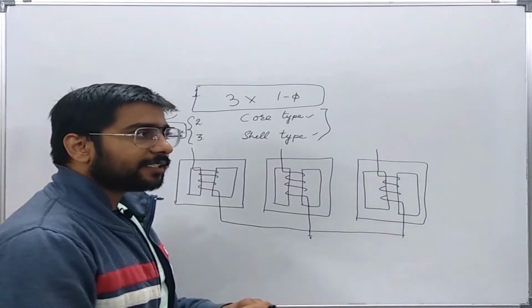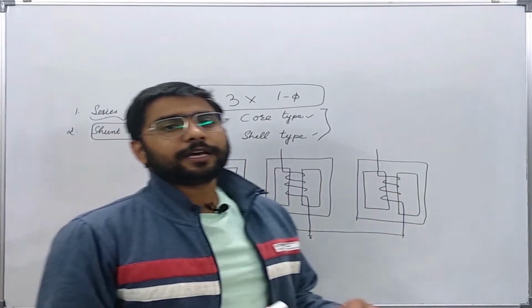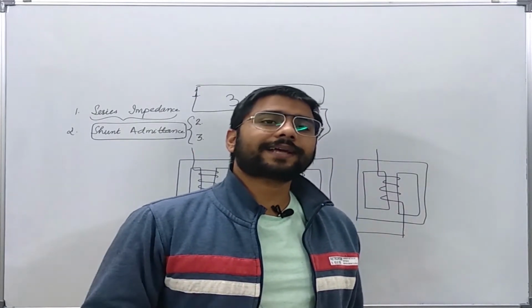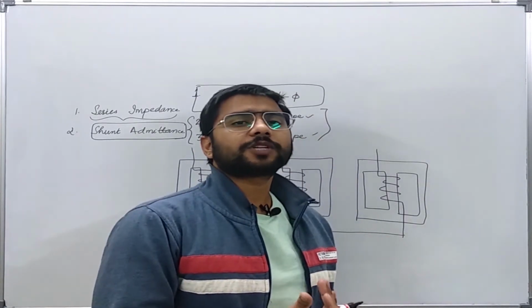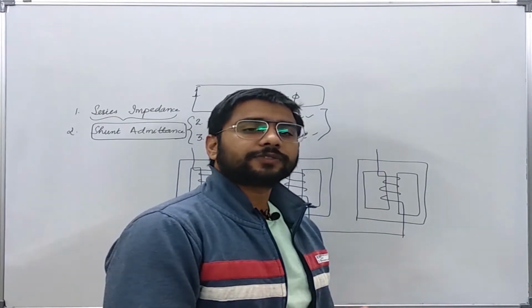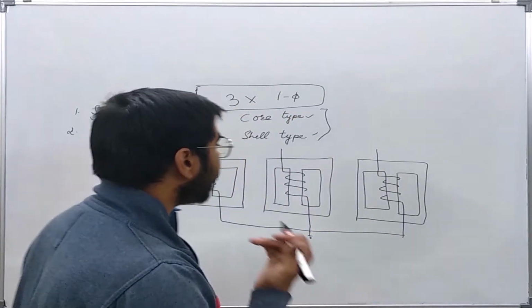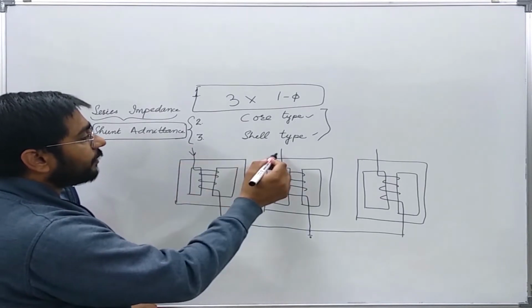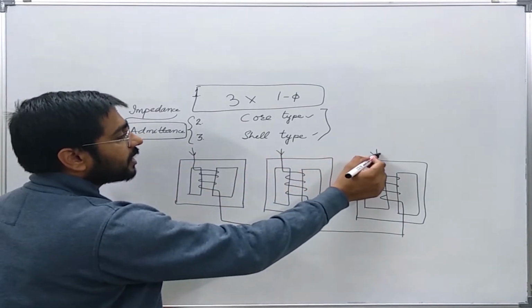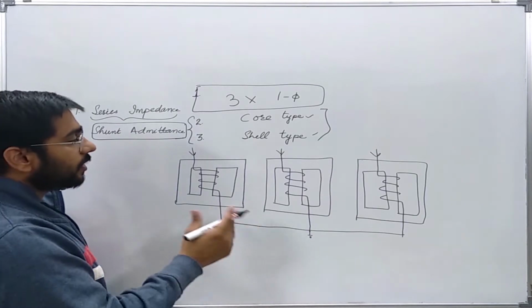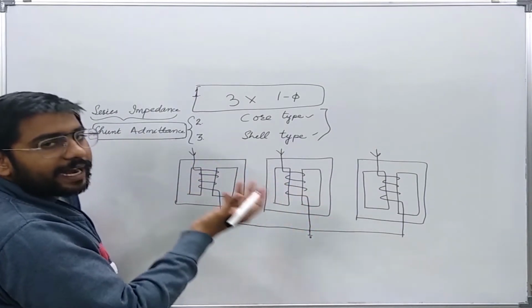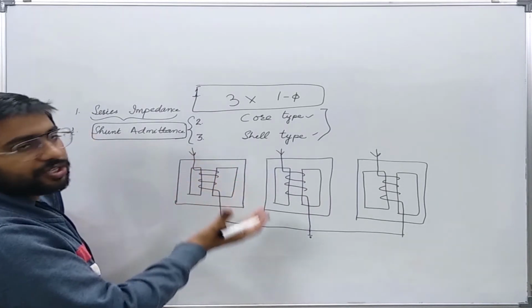Now shunt admittance is nothing but the path impedance or admittance offered to the flow of exciting currents. So what are exciting currents? Those currents which are responsible for the creation of flux in the transformer core or the iron. So you see, if I flow positive sequence currents in this transformer, the path followed by the flux will be the same as that of the negative sequence as well as the zero sequence.